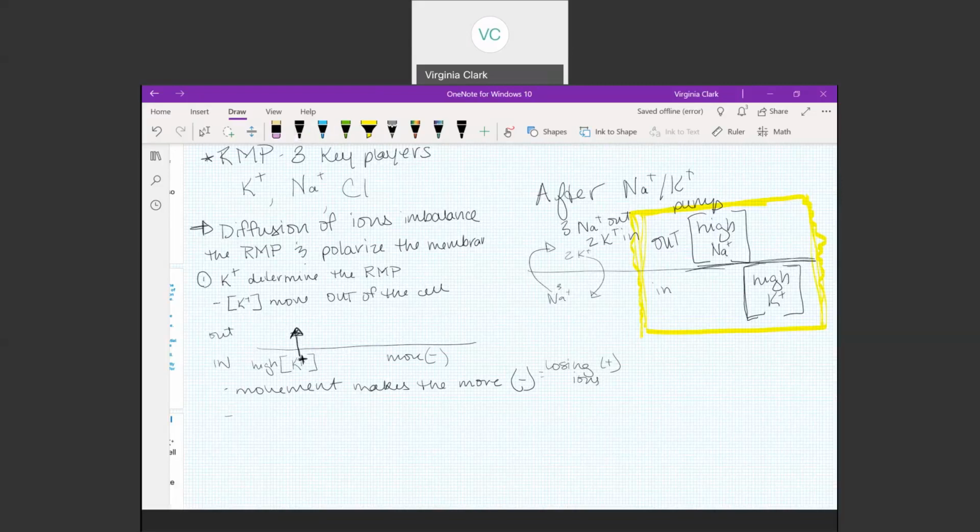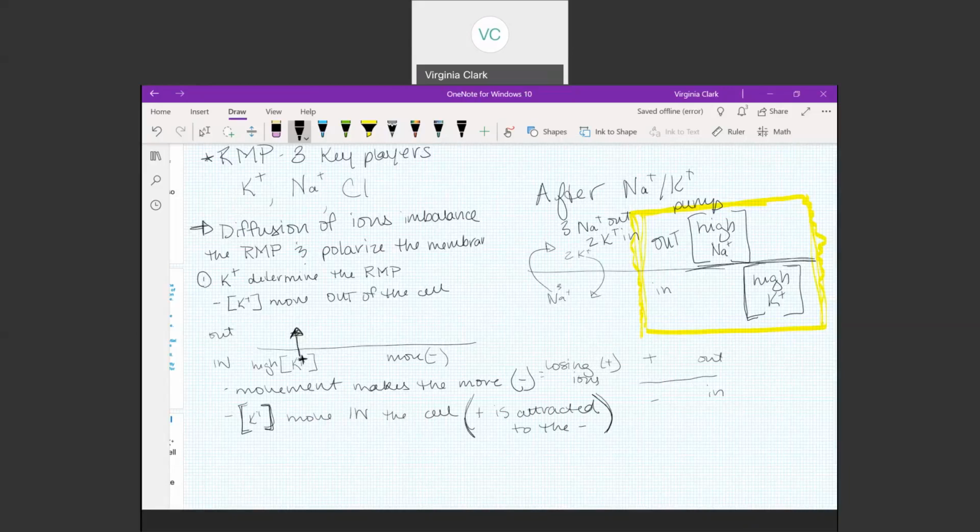Now we have a positive out and a negative in. Opposites attract. So now your potassium moves back into the cell, because it is a positive ion, and the positive is attracted to the negative.